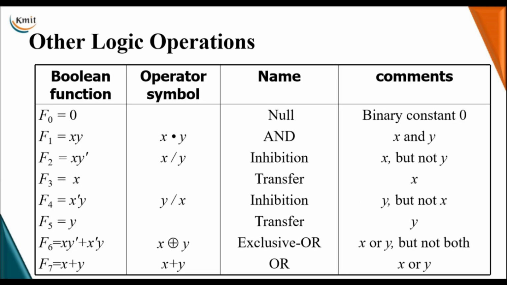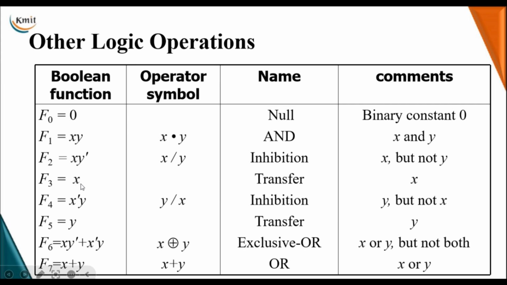Now we can derive how to obtain the Boolean expression of each function using the truth table form. F0 is a logical zero function, F1 is an AND operation between the two variables, F2 is an AND operation between the first variable and the complement of the second variable.